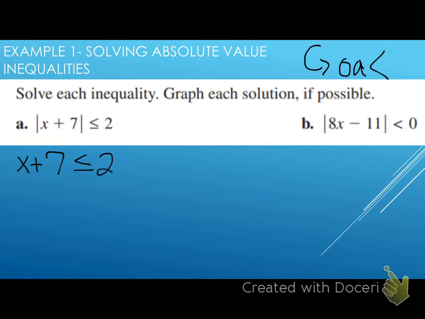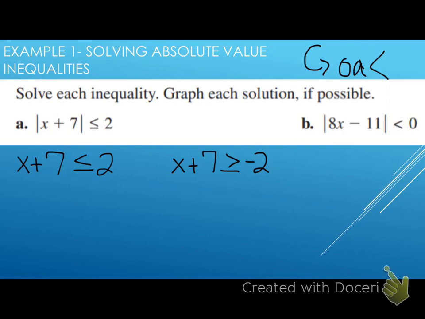Exactly the same without the bars, correct? Everyone okay with that? What's my second one going to look like? X plus 7 greater than or equal to negative 2. Very good. Flip that inequality symbol, make that C value negative. So everyone see how we got those two inequalities. It's going to follow that same pattern every time.